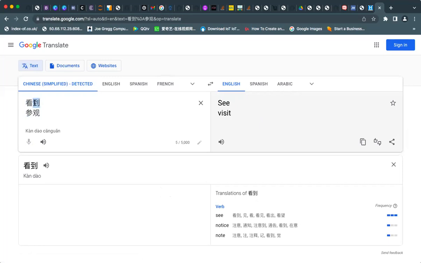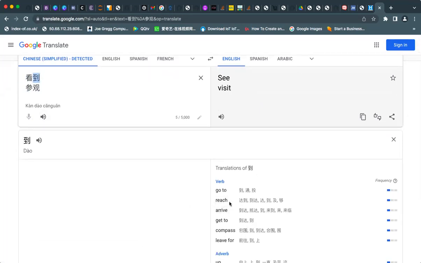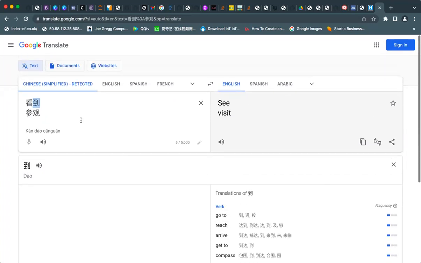Kan dao. And dao, you remember, is the result. Let's see if you can just select dao over here. It's like arrive or get to, or reach. So if you see dao, that means whatever he was doing has arrived or reached that result point. So kan dao, I see. Rocio, 你看, what does that mean?